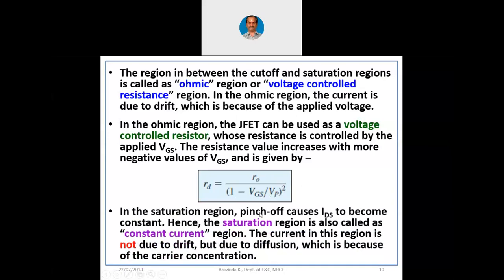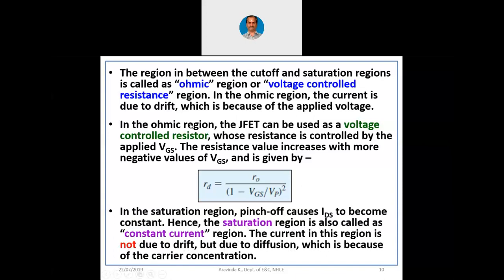In the saturation region, pinch off causes IDS to become constant. This we have already discussed. Hence, the saturation region is also called the constant current region. The current in this region is not due to drift, but due to diffusion, which is because of the carrier concentration. This I have already told you.